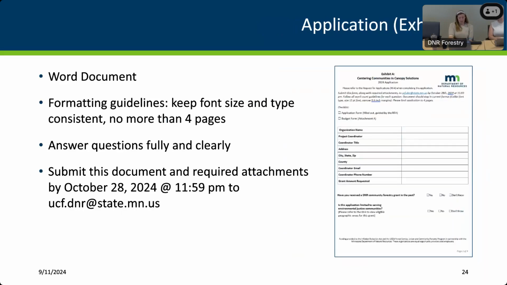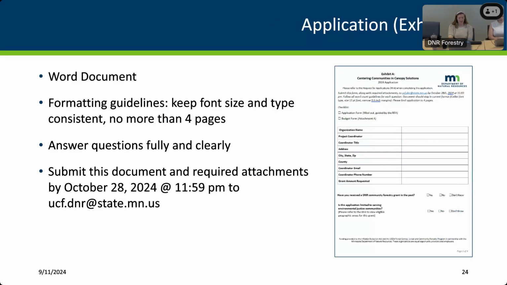The application document itself: once you've reviewed the RFA in full and have a good grasp on the content you need to include for this program, please use the application document to write your application. This document has specific formatting guidelines within it, so please follow the current format outlined in the Word document and adhere to the page count requirements throughout.